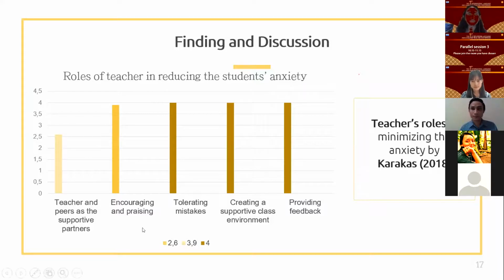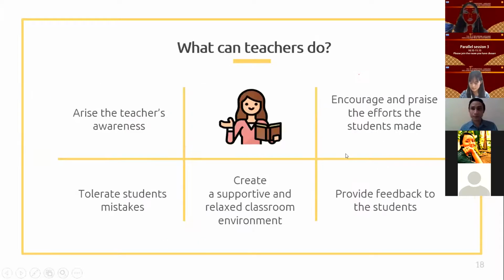Then encouraging and praising their efforts and attempts, and then the teacher tolerates mistakes the students make, and the teacher can create a supportive class environment. And as the last part, the teacher should provide feedback after their work, and it will help the students.